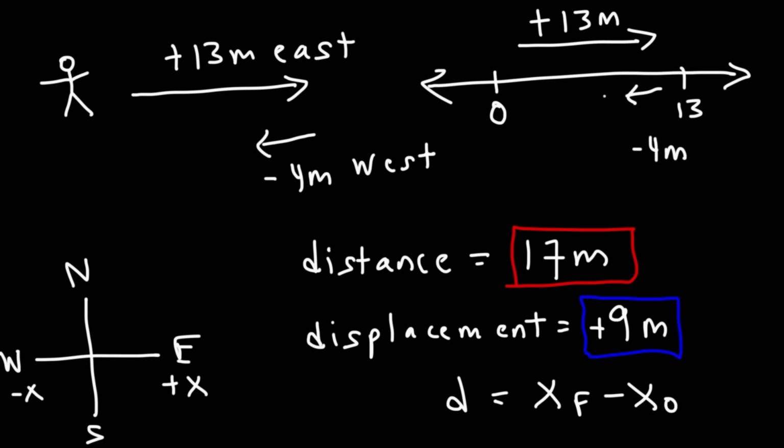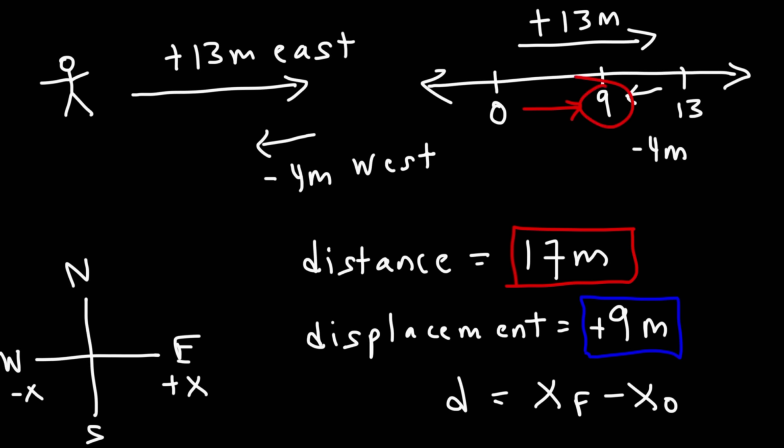So 13 minus 4, he ends up at position 9. So the net result is that he traveled 9 meters east. And so that's his displacement. That's how far he traveled relative to his initial position.